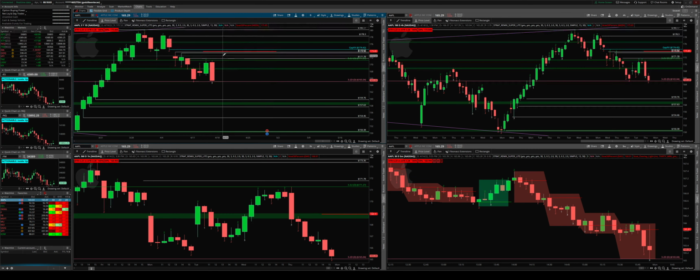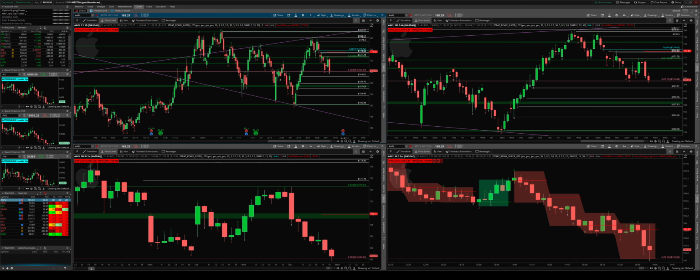So I go ahead and mark that, and then have price breaking all the way to the 180 area here. All right, so that's the upside. Downside, we have 163.01, 159.76, 157.63, 150, and so on.